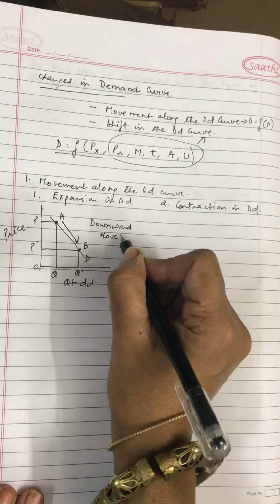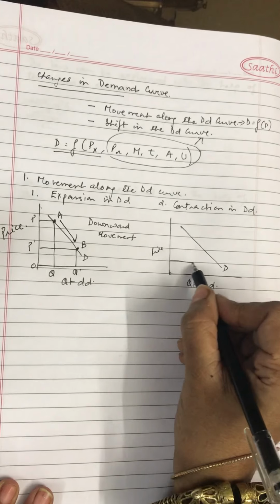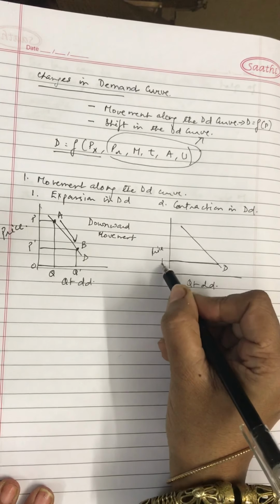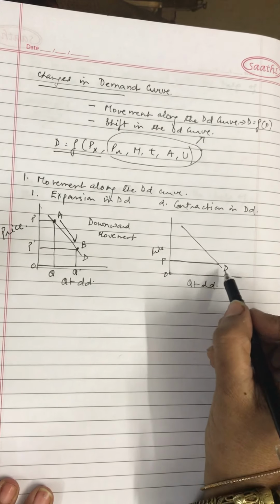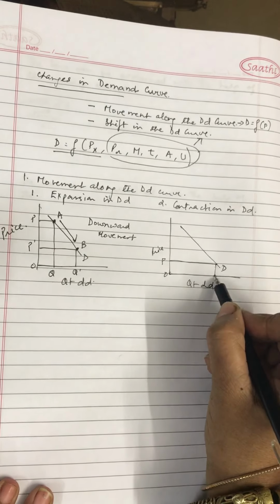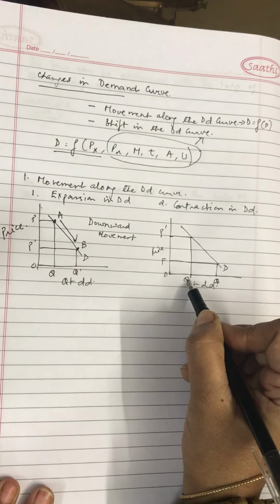Now the second is called as contraction in demand. In this case, what do we have? In this case, we will again take price over here, quantity demanded over here, and we will draw the demand curve as D. Now in this case, we say that if the original price we are taking was OP and original quantity was OQ, now there's an increase in price to P dash, so the quantity demanded has decreased to Q dash.